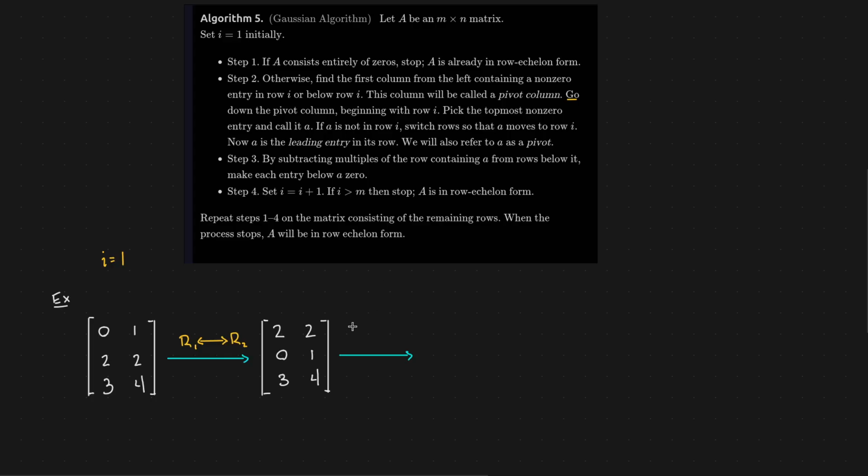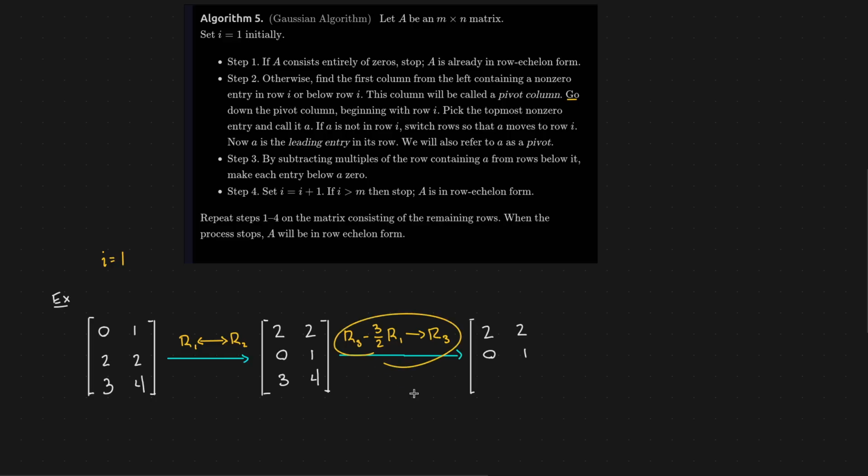So let's do row 3, and then I'm going to subtract a multiple of row 1. And that's going to be my new row 3. I'm going to leave row 1 the same. Row 2, I already have a 0 there, so I don't have to change it.